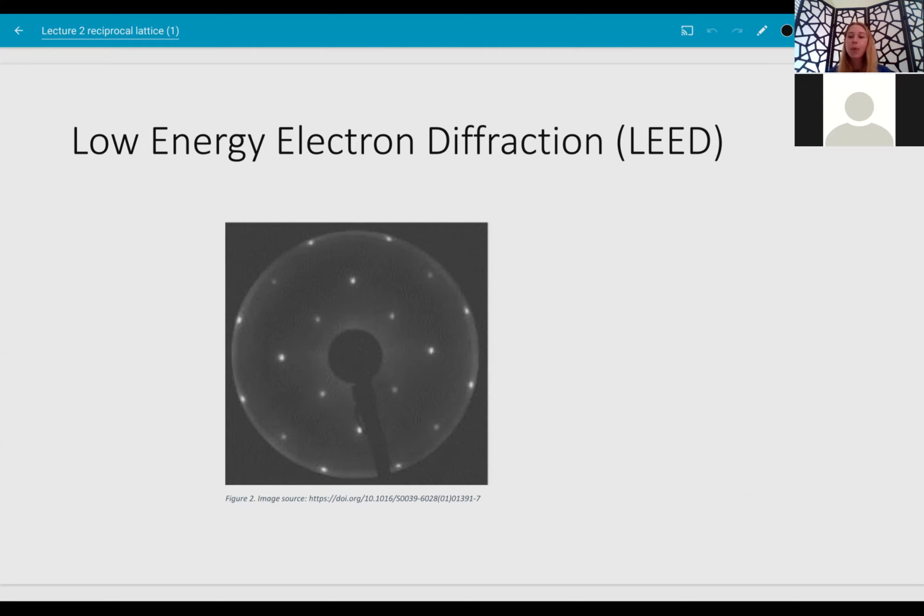So although X-rays, neutrons, and electrons can measure the same crystal structure, you might apply them in different contexts, and all of them can be viewed as essentially directly measuring the reciprocal lattice, which is a Fourier transform of the direct lattice. And then if you want information about the direct lattice, you have to Fourier transform it back to get that information.